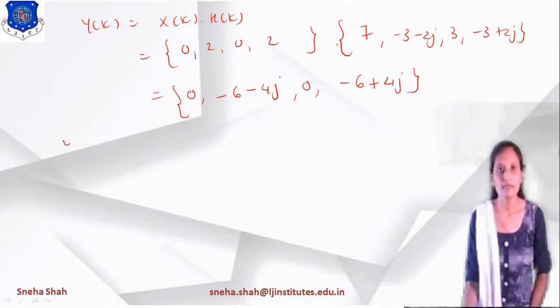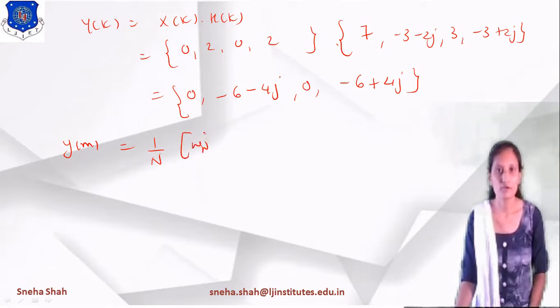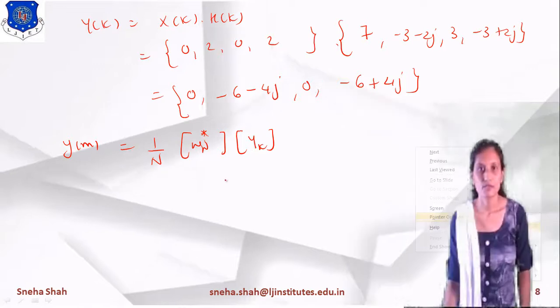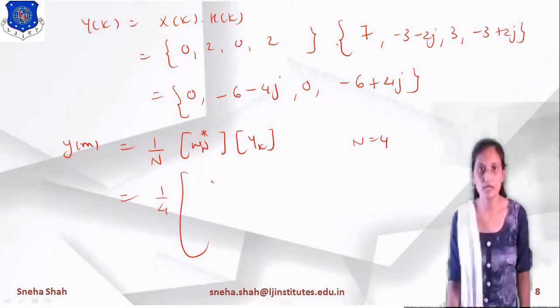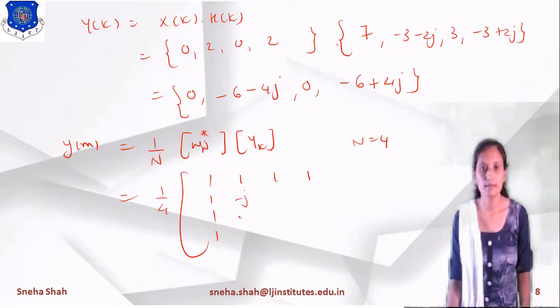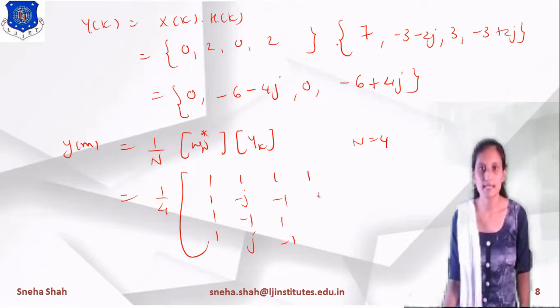Now from this, if we want to find y of n, then what is the value of y of n? It is 1 by N, W N conjugate, multiplied with this Y k, right? Over here the number of terms is 4, so the value of N equals 4. So 1 by 4, and the matrix of 1s, then 1, minus j, minus 1, j, and so on.